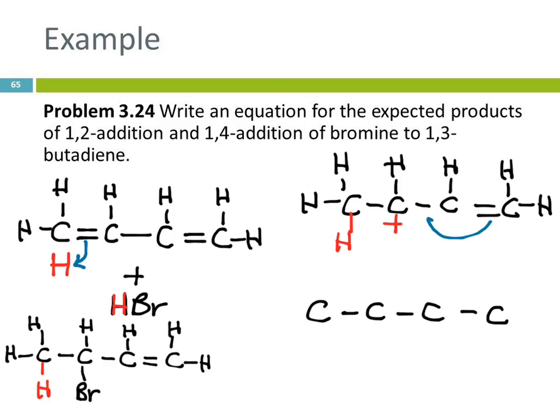This double bond can move over here, and we can end up with the carbocation on the 4th carbon. And then the double bond gets moved into there.